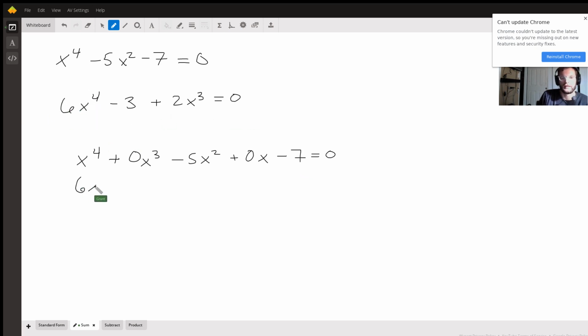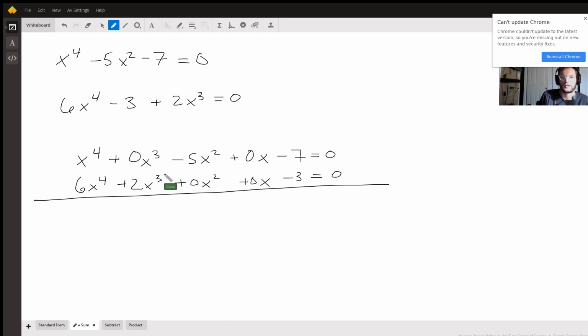So we have 6x to the fourth, plus 2x cubed plus 0x squared plus 0x minus 3 equals 0. And now everything is in line with its power. So now we just add these things together.